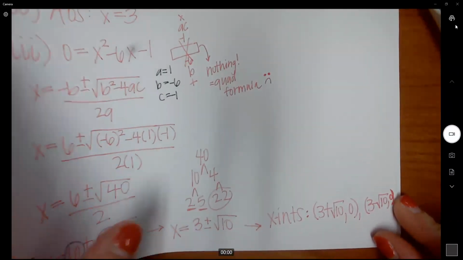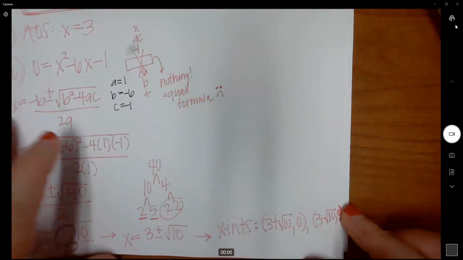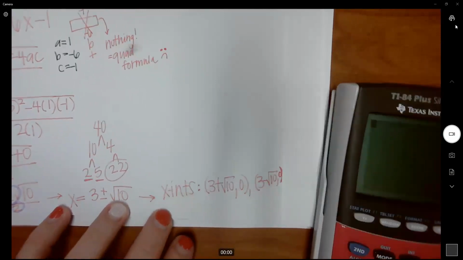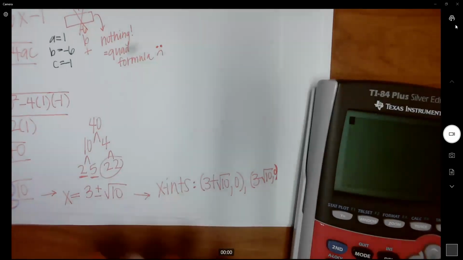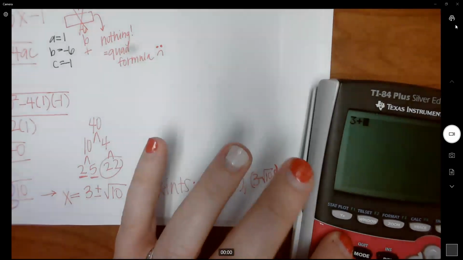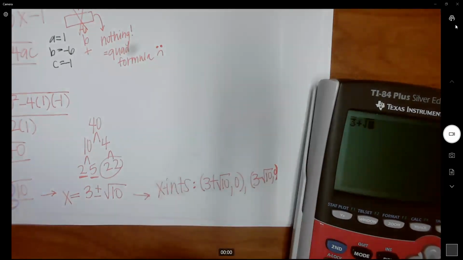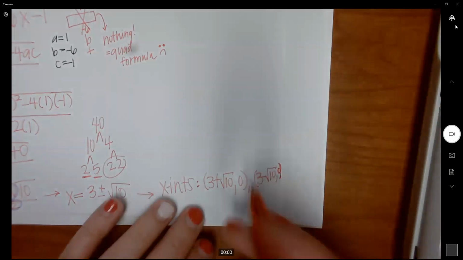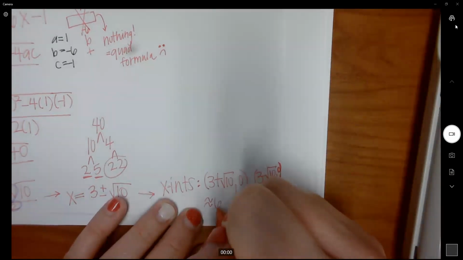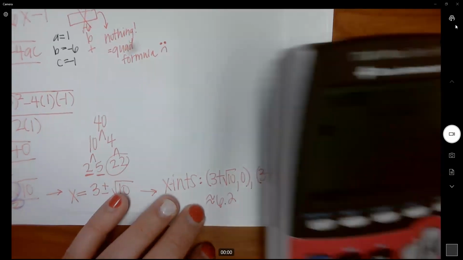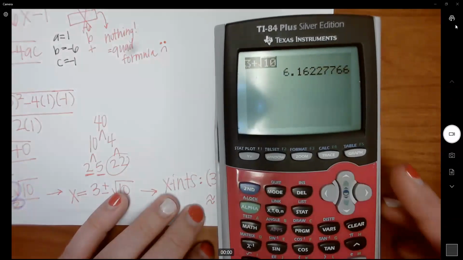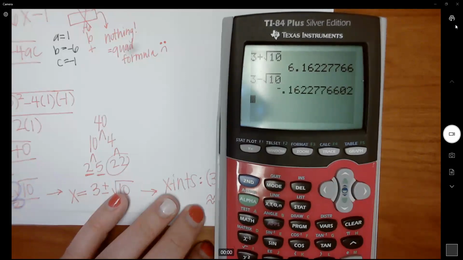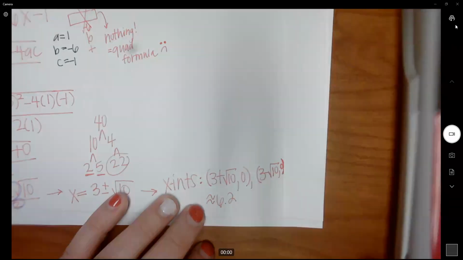Now, this doesn't really help us when it comes to plotting these on the graph. So just get some decimal equivalent so that we can graph these. So 3 plus square root 10 is about, let's go 6.2. And 3 minus the square root of 10 is about negative 0.2.